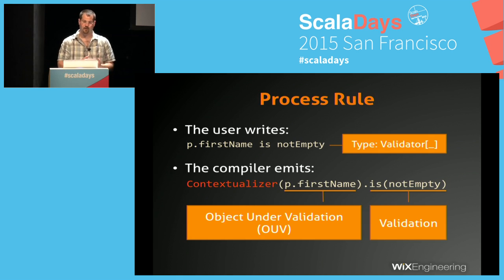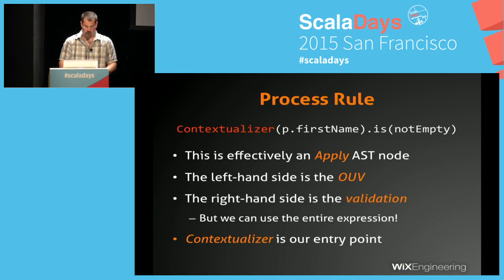I can basically look for applications of the contextualizer implicit class. So this is what it looks like, and this is effectively an apply node. I take the first name, I feed it into the constructor for contextualizer, I use the is method, and this is everything that I'm looking at.